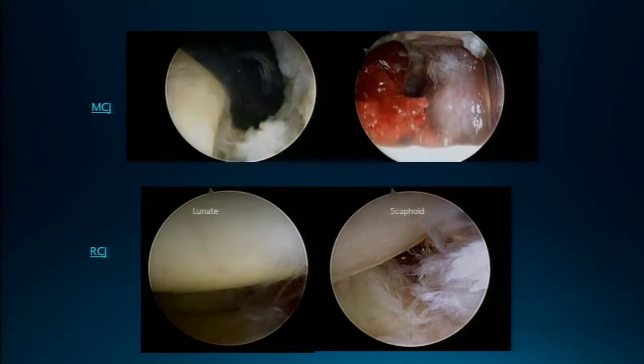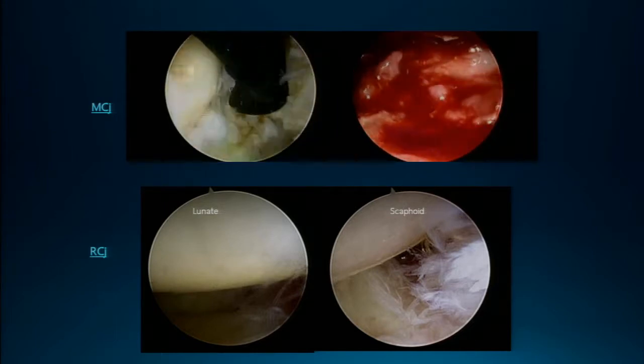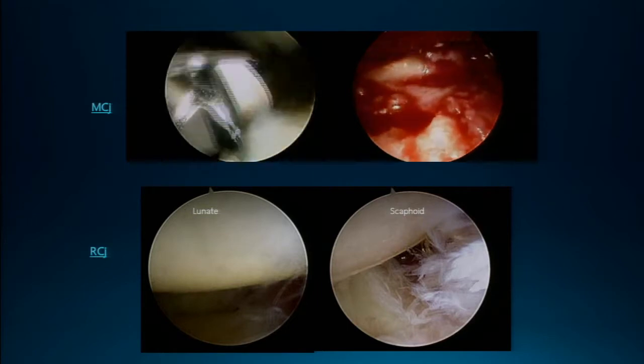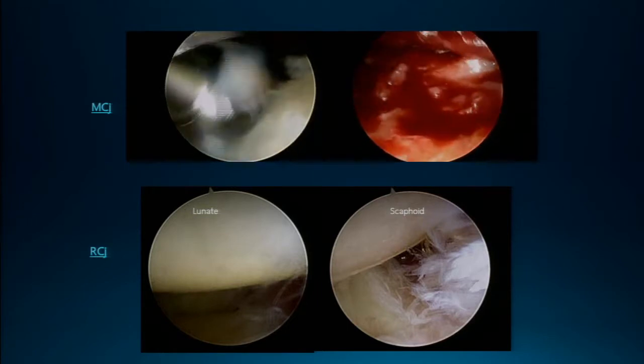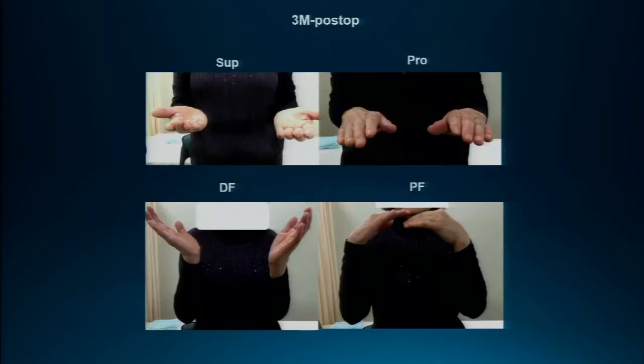With dry arthroscopy, we put the bone graft into the midcarpal space and did a screw fixation for this patient. This is the post-op X-ray at 3 months, and the outcome improved, and the movement of the forearm and the wrist is shown in this slide.